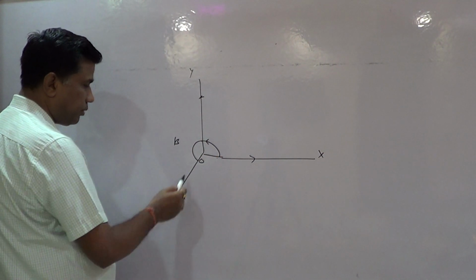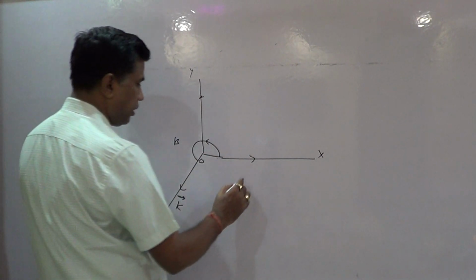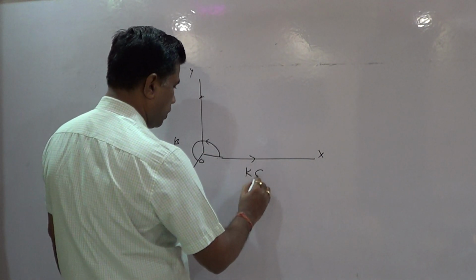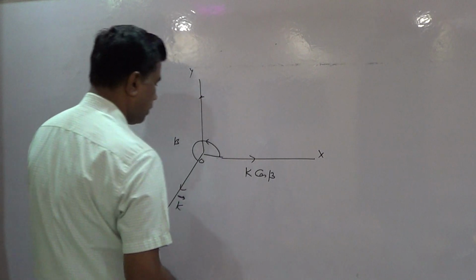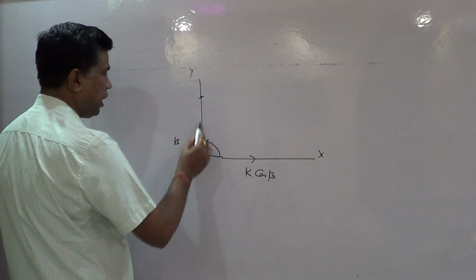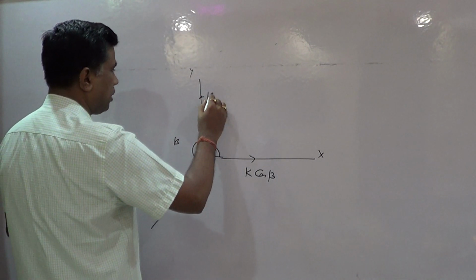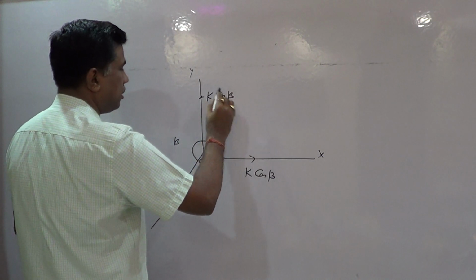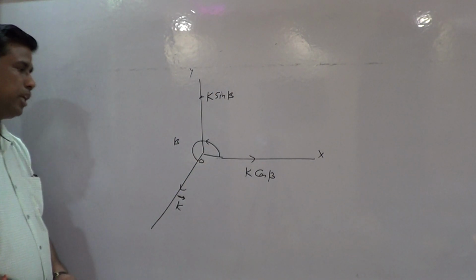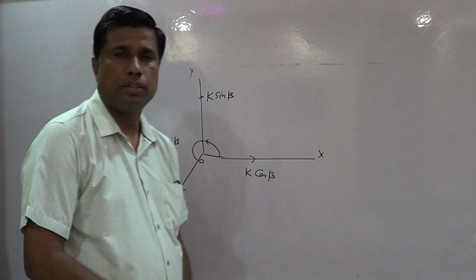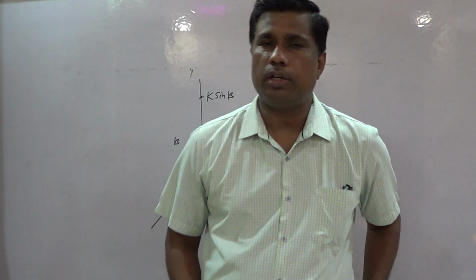Now component of this k along x-axis will be k cos beta and component of this k along y-axis will be k sin beta. So student, in this way you can find component of a vector in two perpendicular directions.